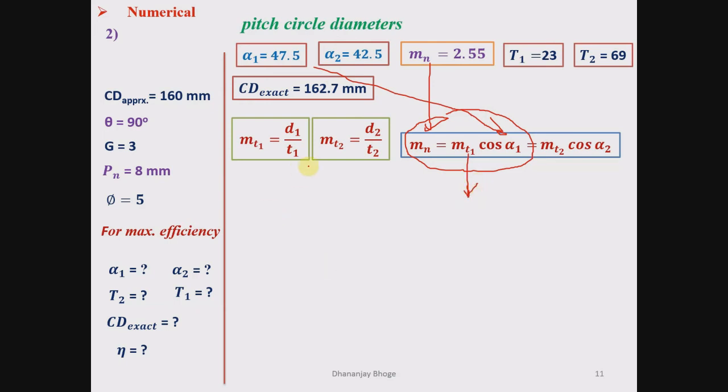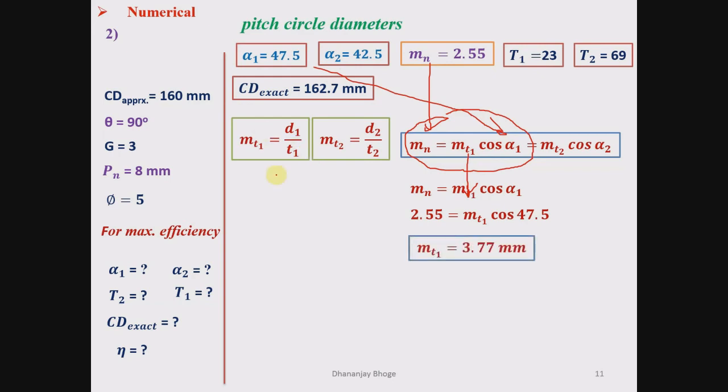Mt1 हां, Mt1 is 3.77. आता ह्या Mt1 ला इकडे टाकायचं आणि D1 ची व्हॅल्यू फाइंड आउट करायची. So 3.77 into 23.